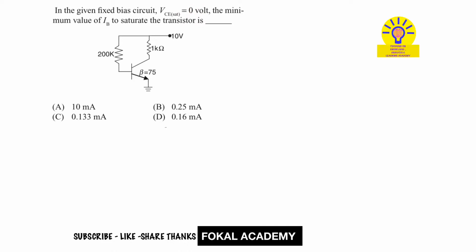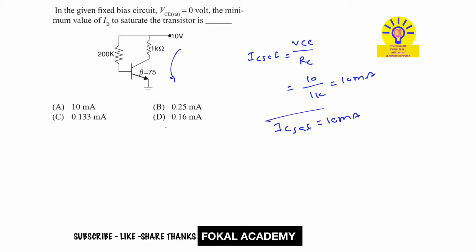We know that in this loop IC saturation equals VCC by RC, that is 10 by 1K, which equals 10 milliamperes. This is the IC saturation value. At this IC saturation value, find the base current. We know that base current IB equals IC by beta.